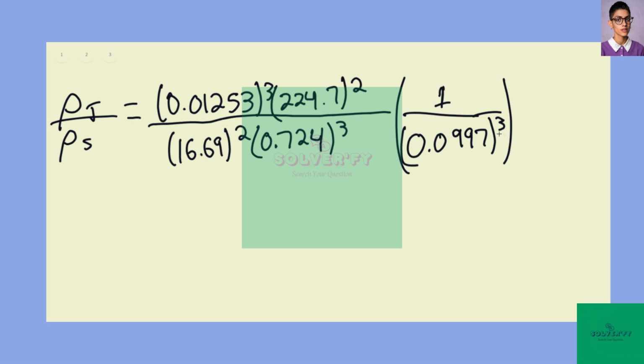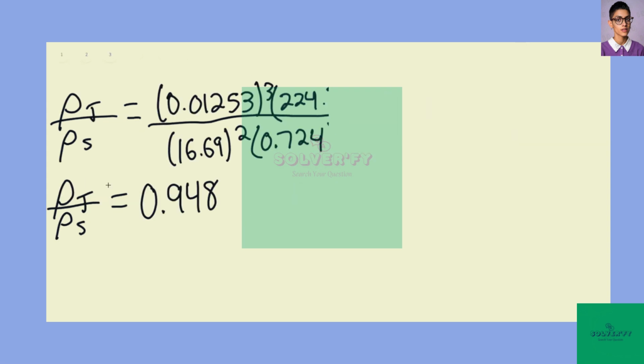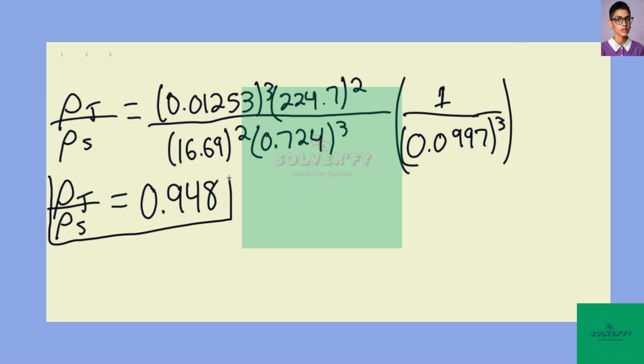And we find that the ratio of the density of Jupiter to the density of the Sun, rather, is 0.948. So this would be our answer for the ratio of the density of Jupiter to the density of the Sun. Of course, the density of Jupiter is a bit less than the density of the Sun.